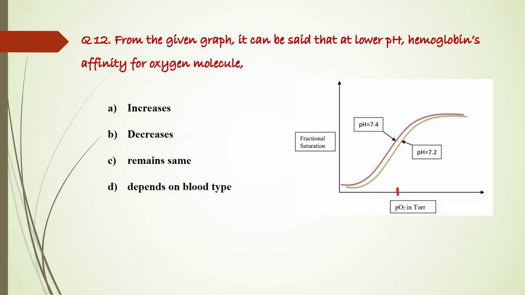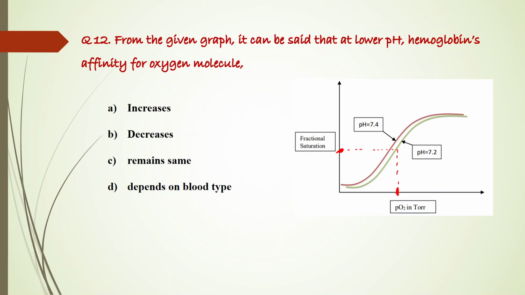So suppose it is some value where we are checking the affinity of hemoglobin for oxygen. So let us go here. For the green one, this is the fractional saturation of oxygen at pH 7.2 at this partial pressure of oxygen.